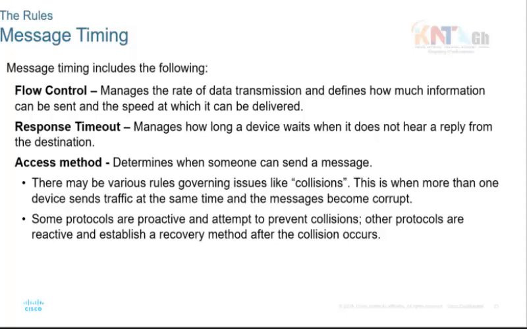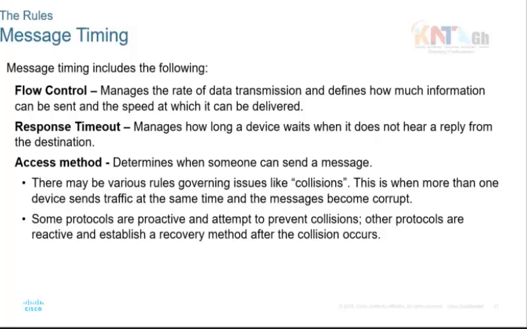And the access method should have rules that govern issues like that when the data crashes. And this is when more than one device sends traffic at the same time and the messages become corrupt, or when the messages collide.